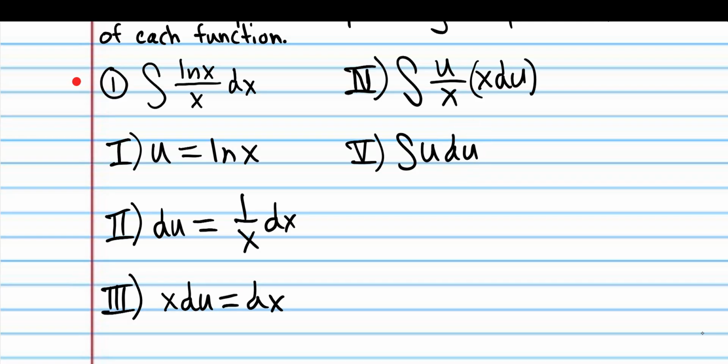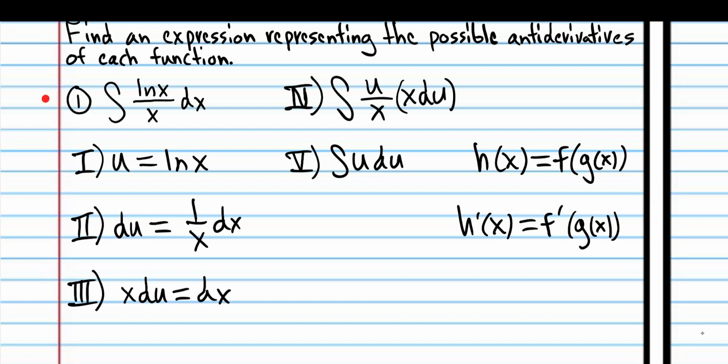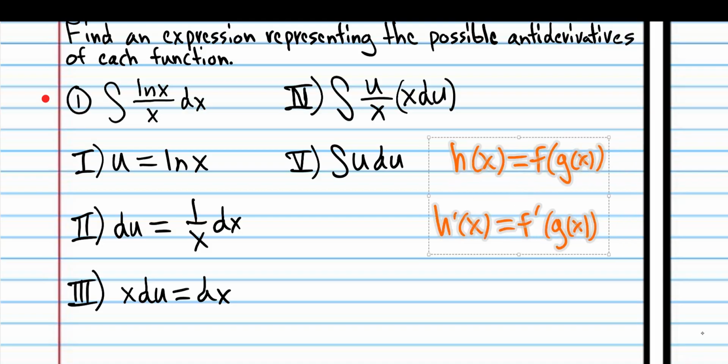We're going backwards. If h of x is equal to some function within another function, then the derivative, according to the chain rule, is the derivative of the outside function, and we keep the inside function, and then we multiply by the derivative of the inside function, g prime of x.